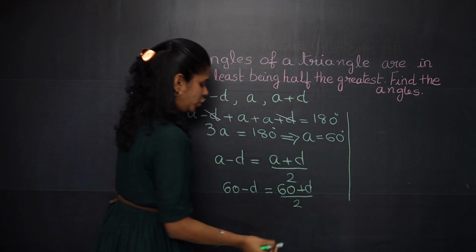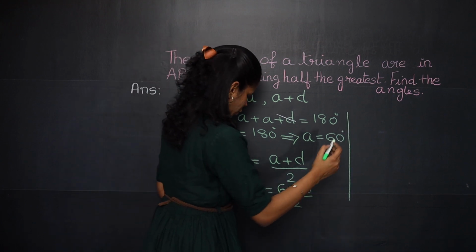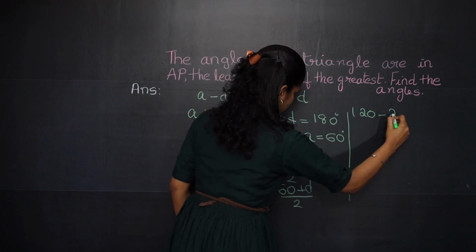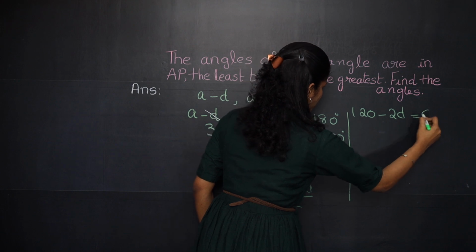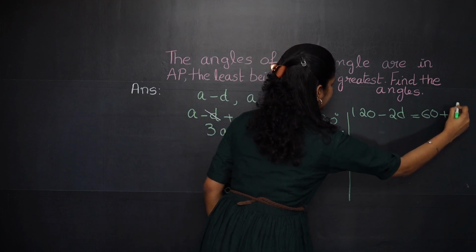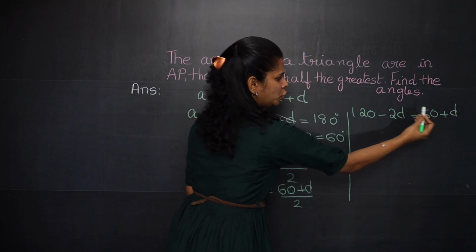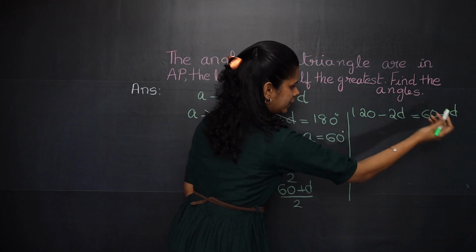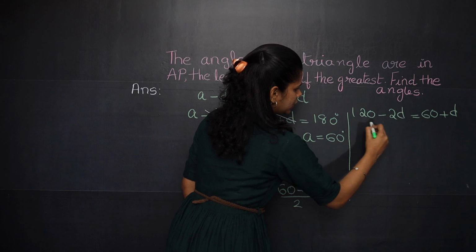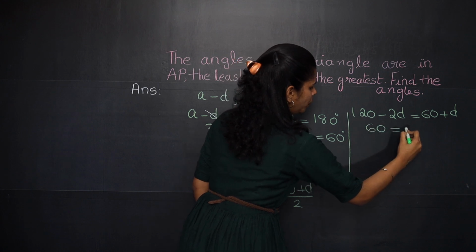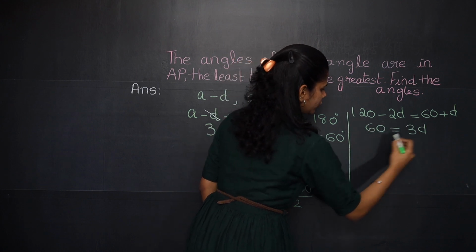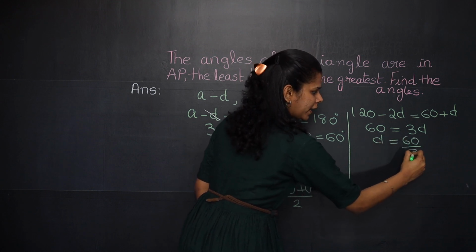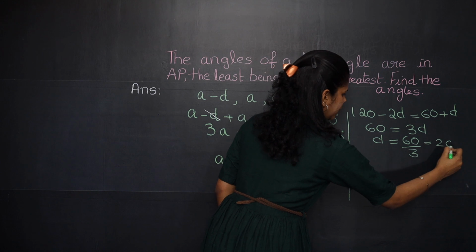Now I am going to cross multiply. So it becomes 120 minus 2D is equal to 60 plus D. So when you are going to bring 60 this side and negative 2D to the other side, it becomes 60 is equal to 3D. So D will be equal to 60 divided by 3, which is equal to 20.